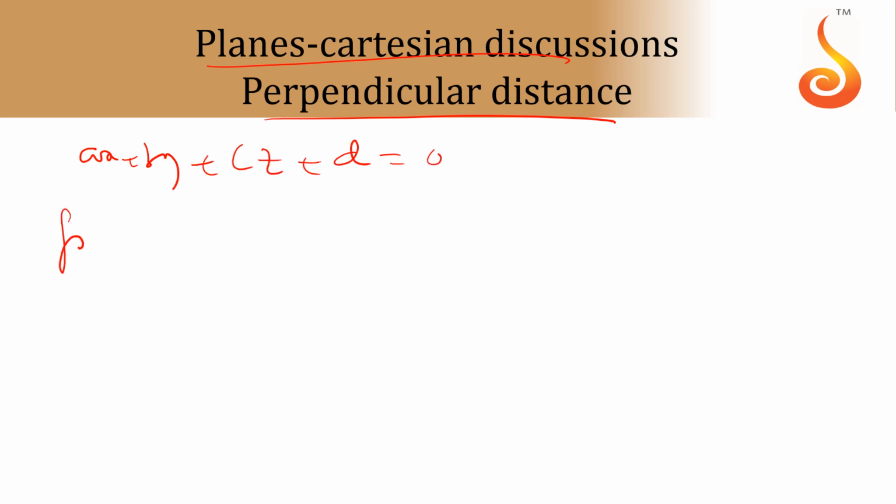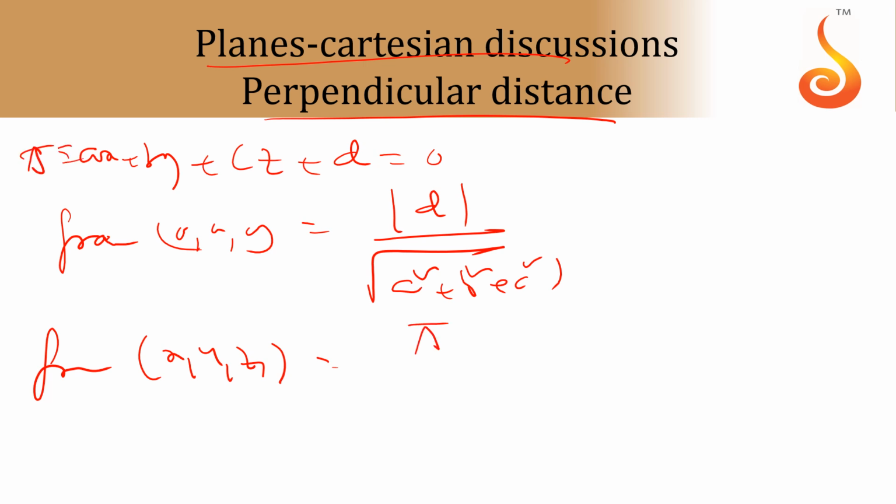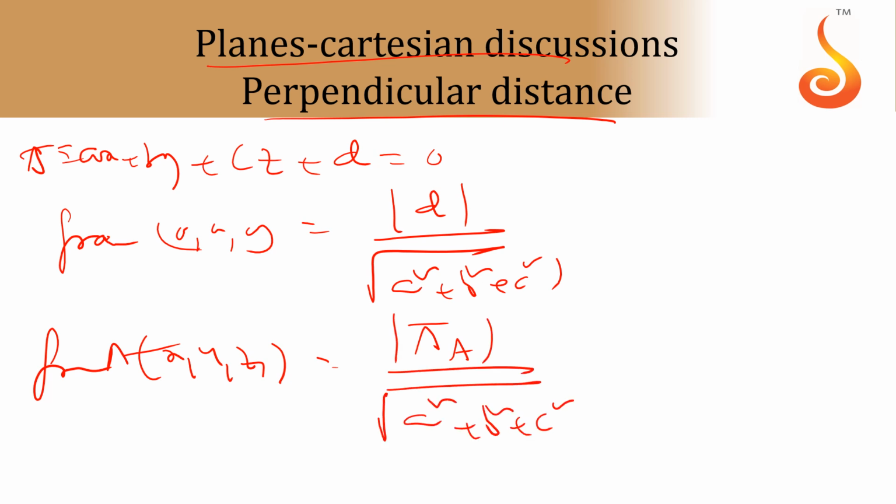From the origin, perpendicular distance will simply be mod d by under root of a square plus b square plus c square. From any point x1, y1, z1, if I name this as pi, I can say mod pi a by under root of a square plus b square plus c square will be the perpendicular distance from any point to the plane.